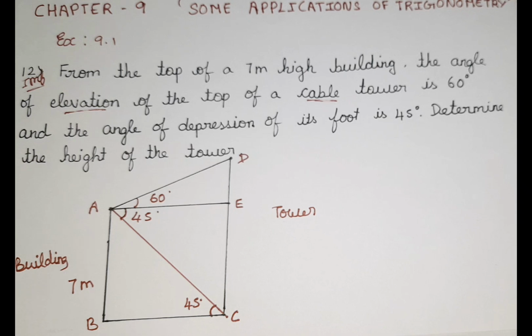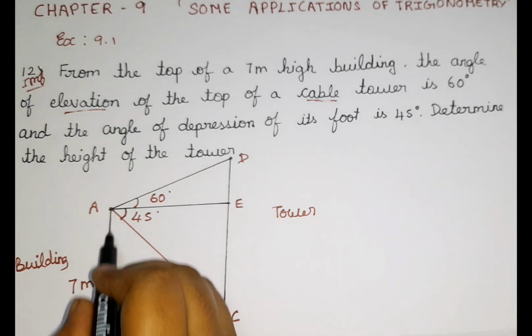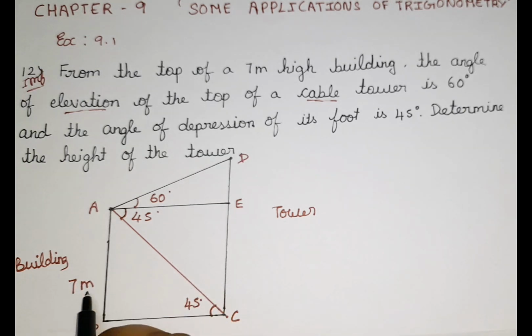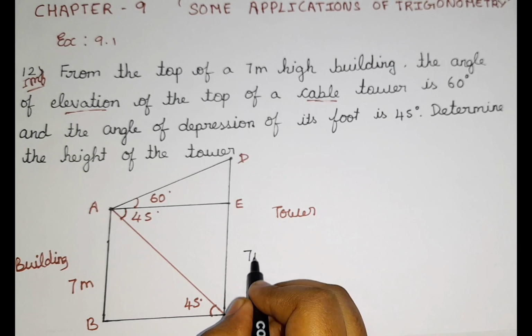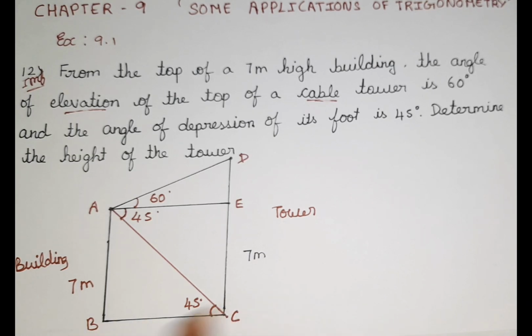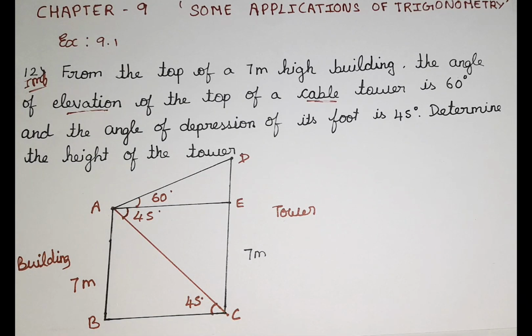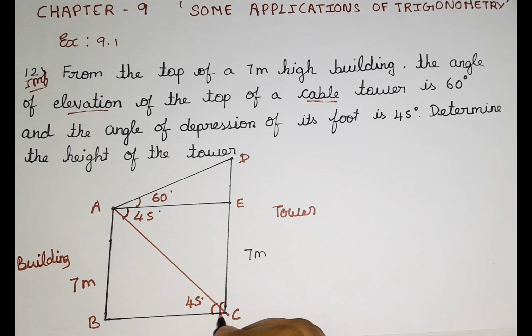One more thing I would like to say is, since we have this particular line as 7 meter, then here also it will be 7 meter. Why? Because it is a logic thing. Now you can think, here it is 90 degrees, isn't it?